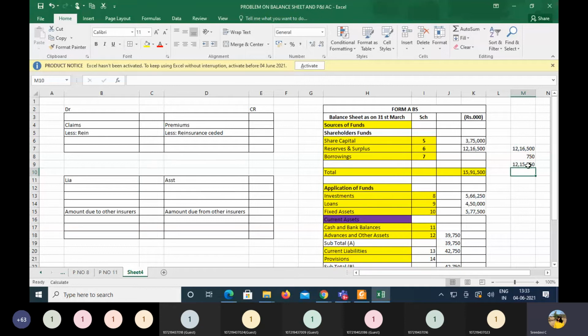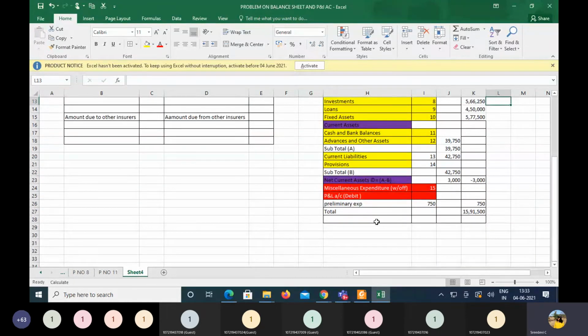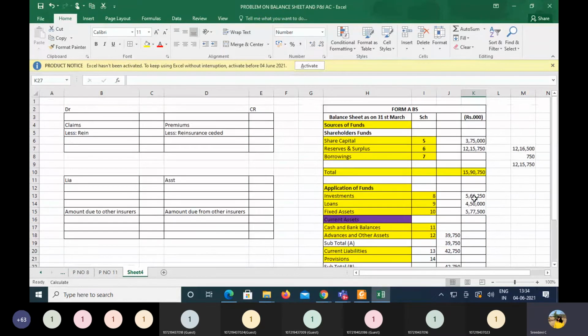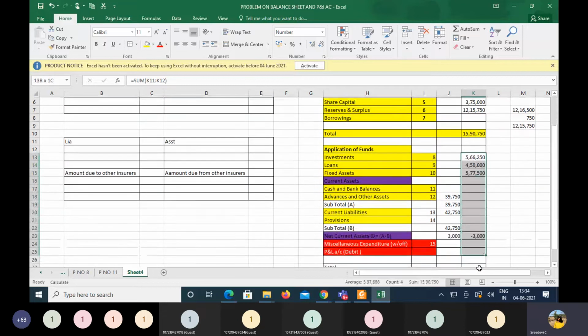So the total here will be, let's check. Now what I'm doing here, I'm removing this because it is already adjusted against the reserves.